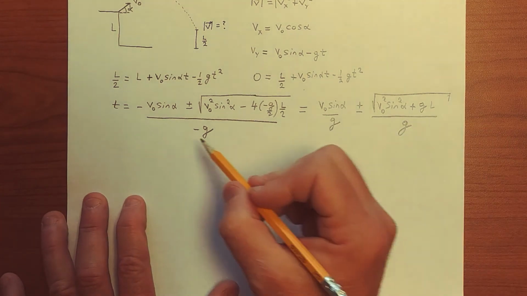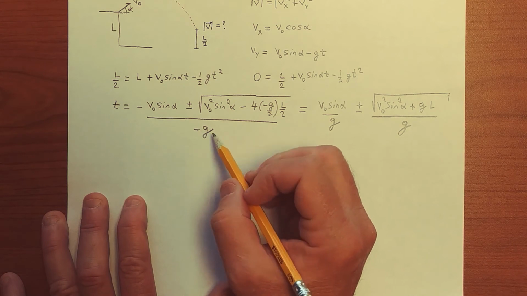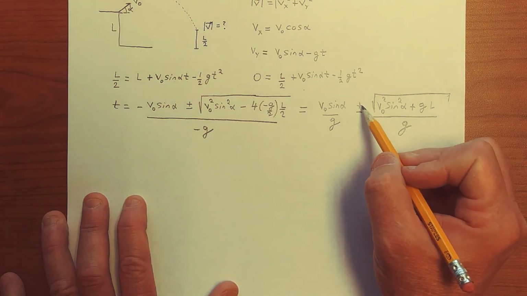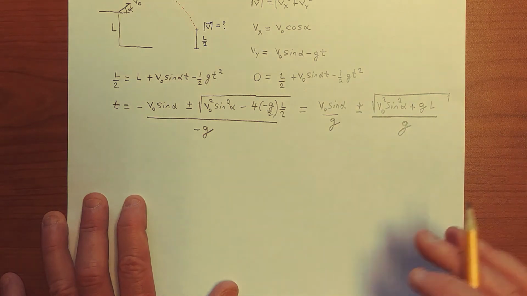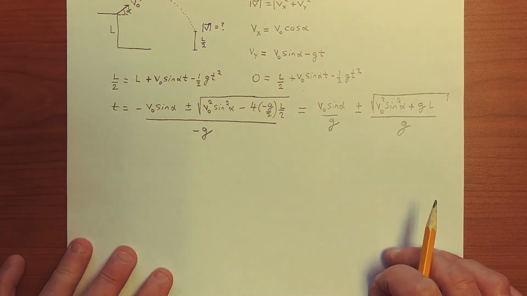Again, the minus sign here gets incorporated into the top part because we will flip the plus to a minus and the minus to a plus, so we still have a choice there. So we still have to pick one.